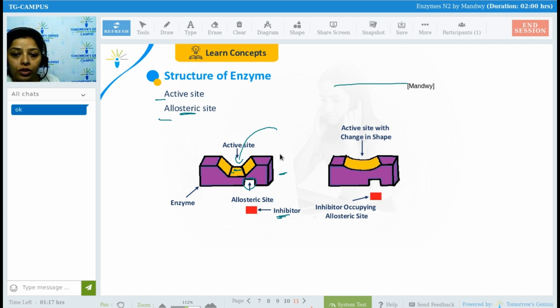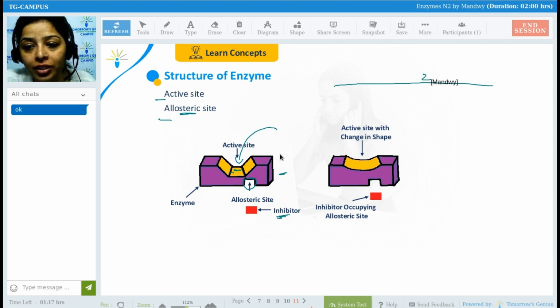In the lac operon, suppose this is your DNA. It has the genetic sequence, and each segment or each gene carries specific information. There are genes like Z, Y, and each gene is going to code or express a particular protein. So DNA first forms RNA and then from RNA protein gets formed.